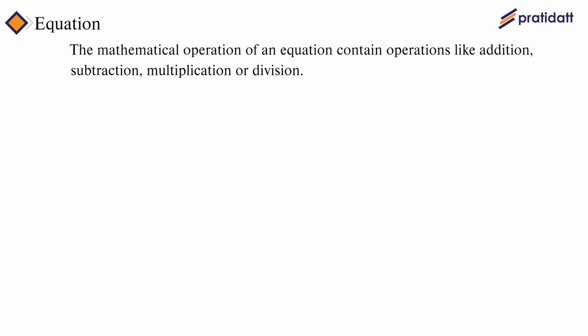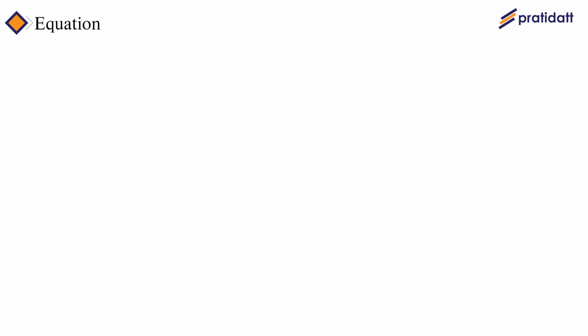It is nothing but a combination of numbers, operators, or equality signs. Here, an operation may be an addition, a subtraction, a multiplication, or a division according to the need of an equation or situation.